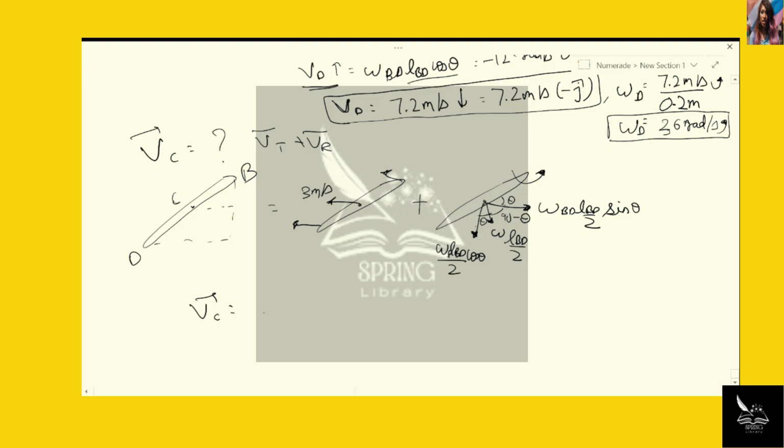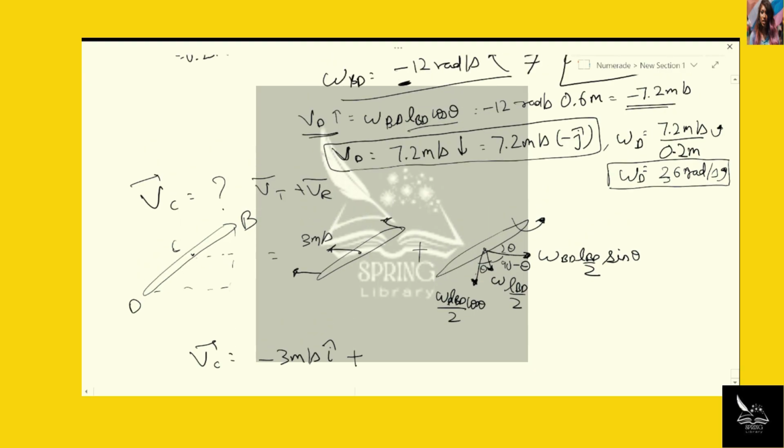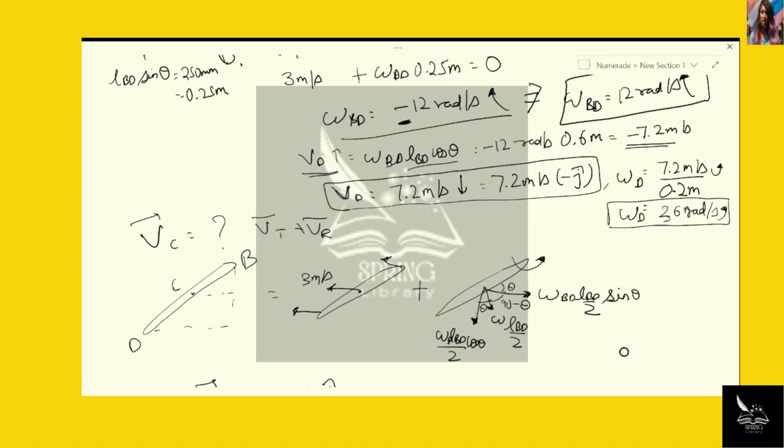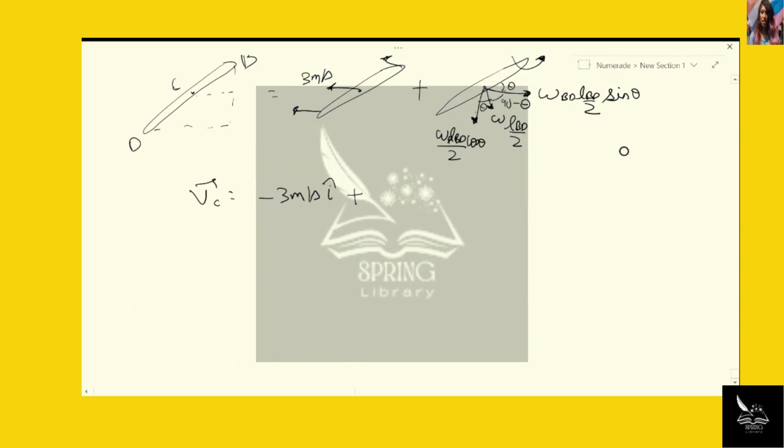So velocity of point C is minus 3 meters per second i, plus, it's pointing towards right here, so it's going to be plus i, and omega BD we have already figured out. Actually we even know omega BD LBD sine theta, but let's just use the figured out value of omega, which is 12 radians per second.